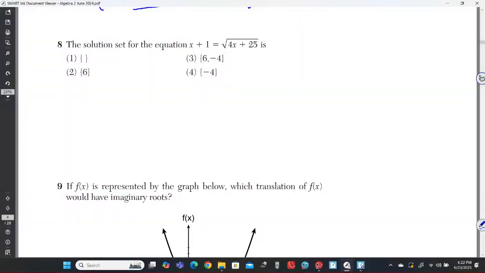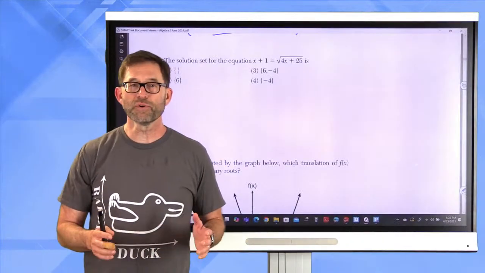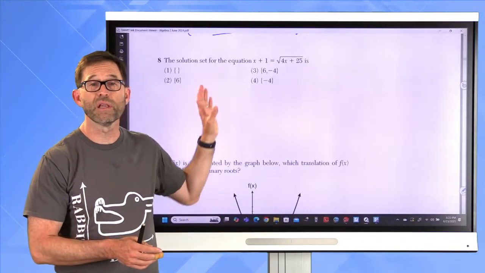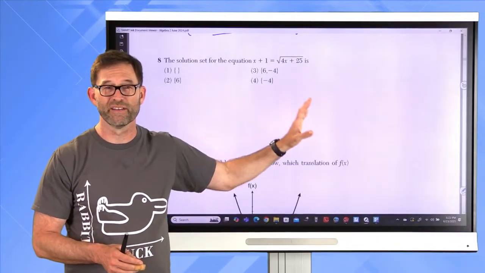Number 8. The solution set for the equation x plus 1 equals the square root of 4x plus 25 is what? Now, this particular problem you definitely solve multiple times in your course, and they leave you lots of room here to algebraically solve it, right?